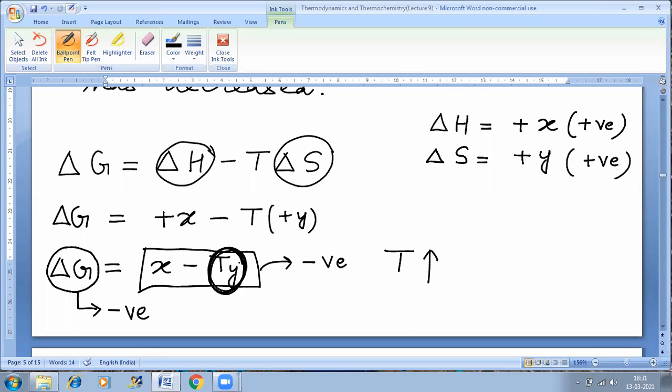And if Ty is quite high, then X minus Ty will become negative, because then we'll subtract a very high value from X. So I can conclude that temperature needs to be high for making delta G negative, in this case, when both delta H and delta S are positive.